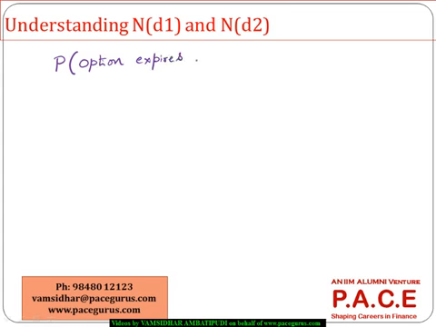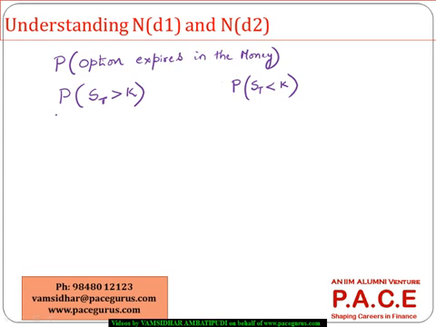Let's try to compute that. When I say the probability that the option expires in the money, the spot price on the maturity date at time T should be greater than the strike price in case of a call, and the probability that the spot price should be less than the strike price in case of a put.